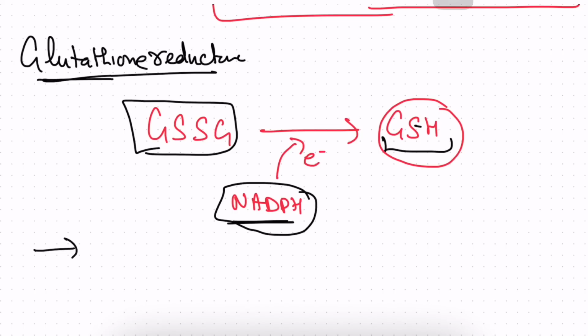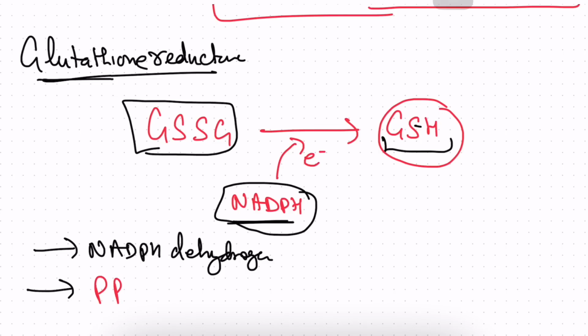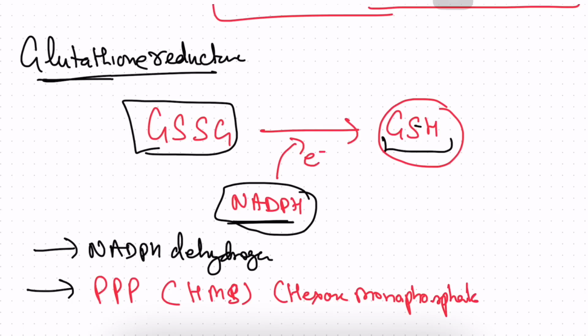Remember, by the action of the enzyme NADPH dehydrogenase, and also by one pathway which we are going to discuss in detail, that is known as the pentose phosphate pathway, also known as the hexose monophosphate shunt. These pathways are going to supply NADPH.